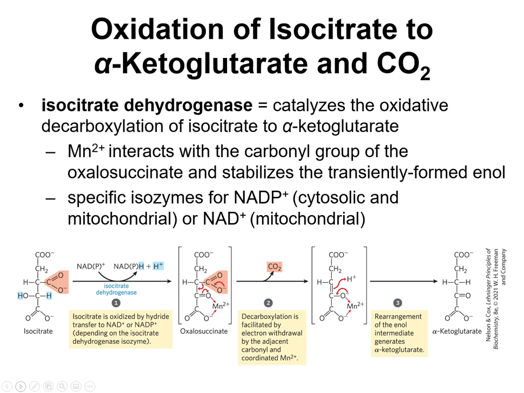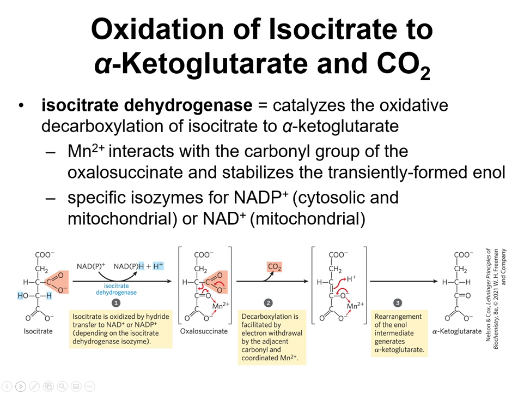This enzyme uses manganese, which is not super common, but you do see it. And that manganese is involved in interacting with the carbonyl group of the oxalosuccinate, and it stabilizes the intermediate that's formed.